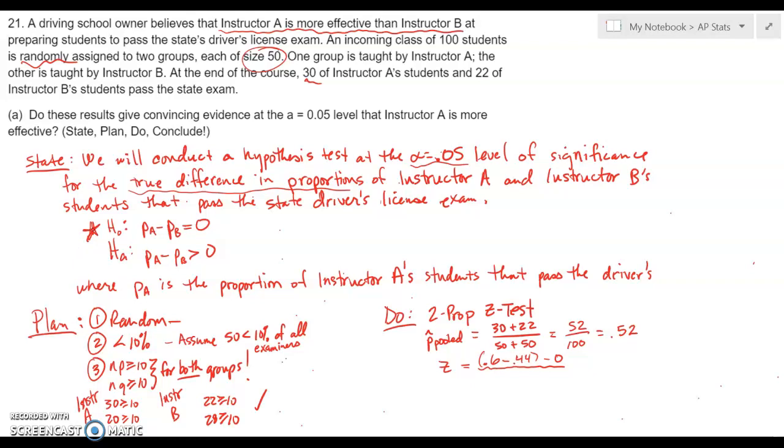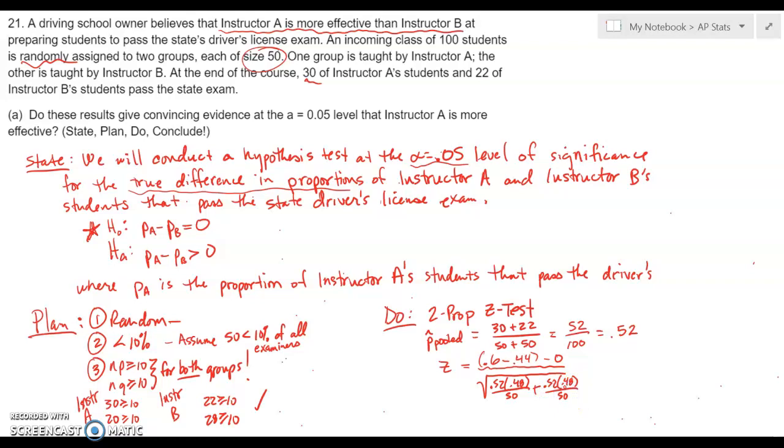In my denominator, this is where the pooled standard deviation comes in. When we pool this, we've got a p hat of 0.52. We're going to multiply that by the complement of 0.48 divided by however many are in the sample. Because we've assumed that these two samples are the same, the second calculation is exactly the same.